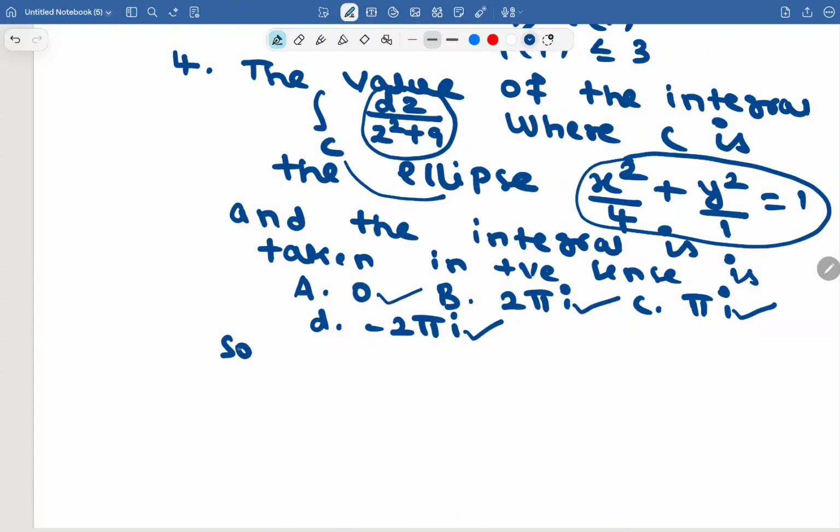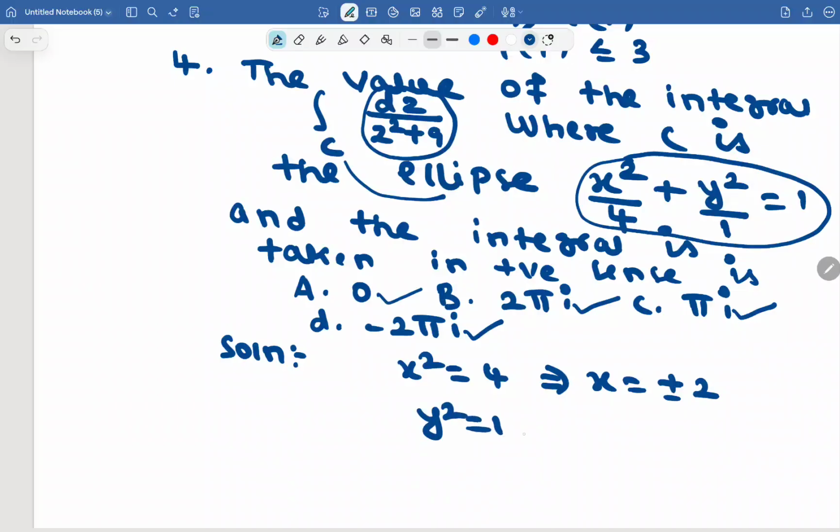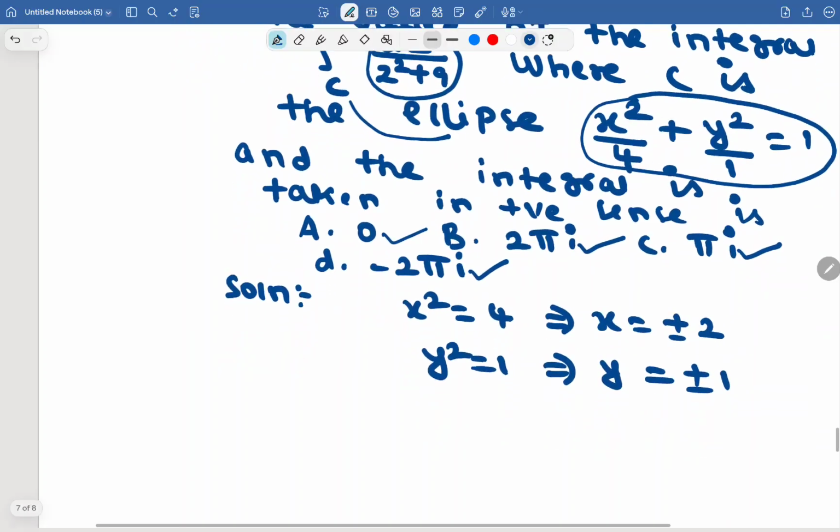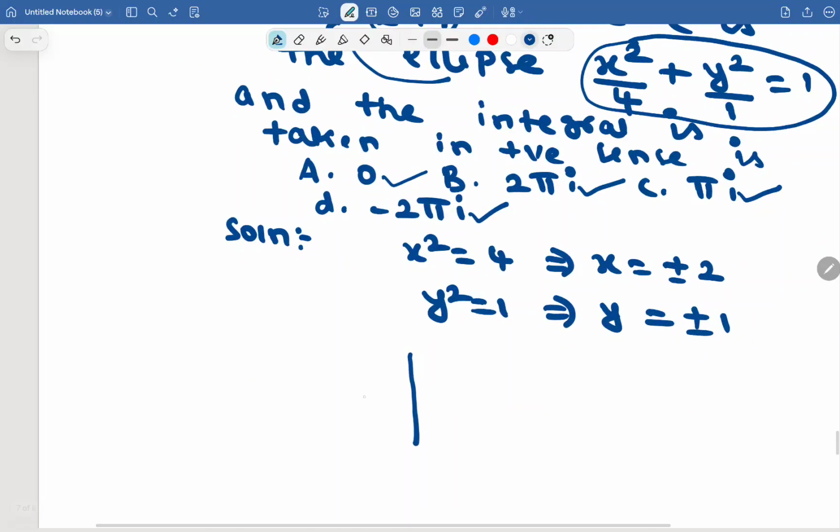First of all, find the points to draw the ellipse. If you take y as 0, x square must be 4, x equal to plus or minus 2. If you take x as 0, y square equal to 1, y equal to plus or minus 1. Now the ellipse x value plus or minus 2.